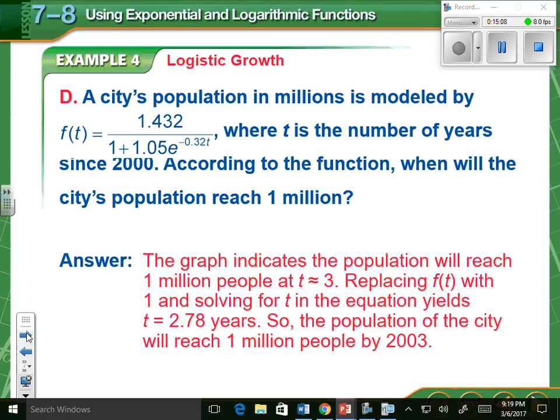So if you look at the graph, it indicates the population will reach 1 million at around 3. You replace f of t with 1 and solve for t in the equation. You could do it that way also and yield 2.78. I would suggest using your calculator and estimating based on the graph.